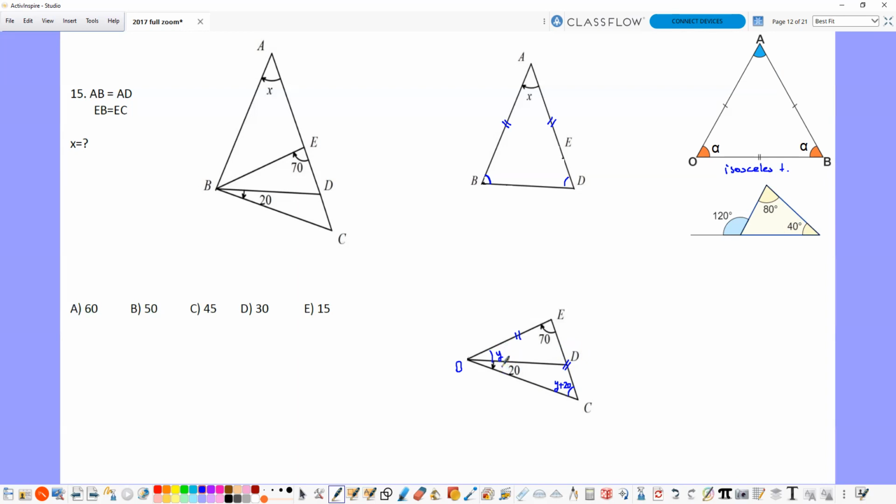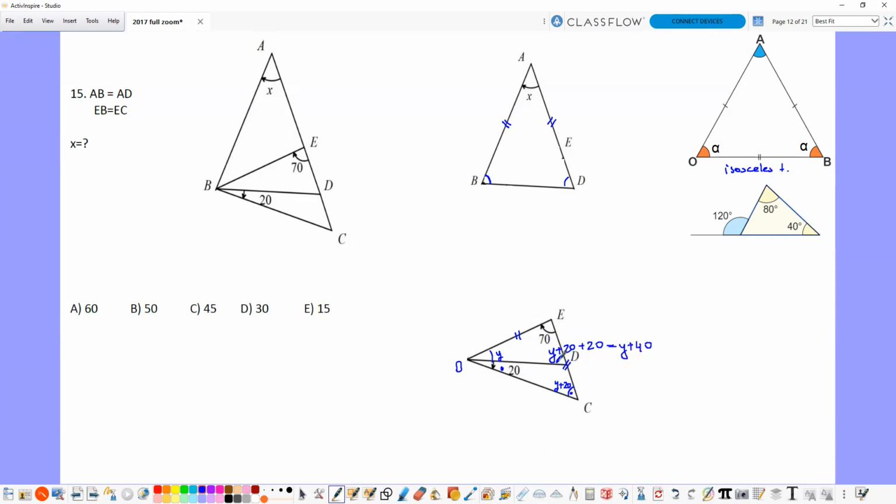The sum of two interior angles, this one and this one, is equal to one exterior angle. So this angle is going to be equal to y plus 20 plus 20, which is equal to y plus 40.